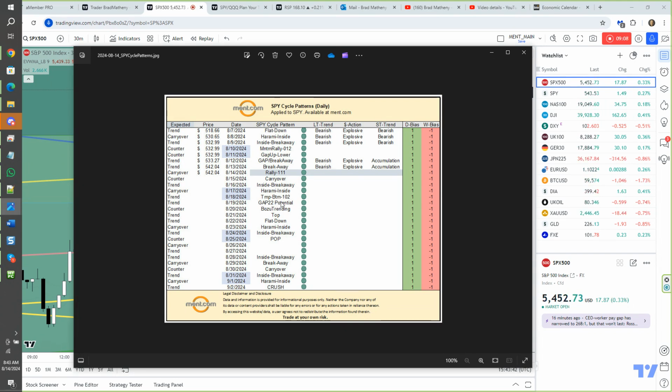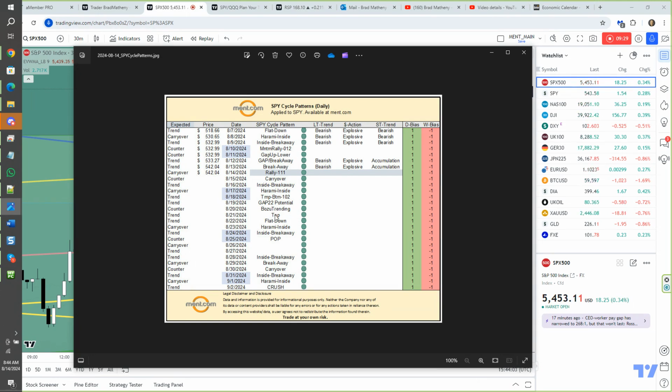I think that could be a very strong upward bar depending on what happens on the weekend. Bozu trending in counter trend mode. This is potentially a large range bar where the open equals the high or the low, and or the close equals the high or the low. That's what a Bozu means.